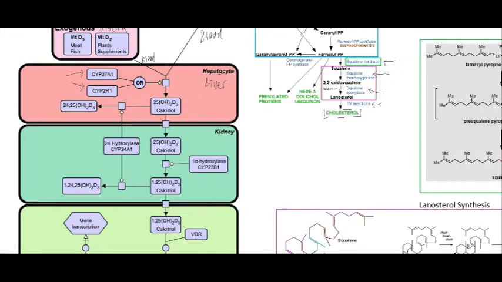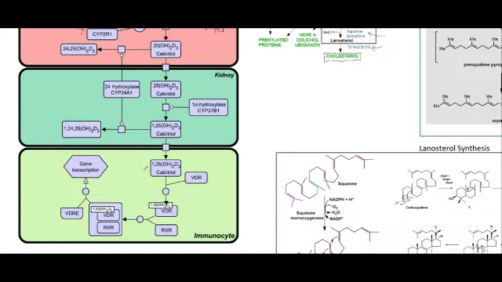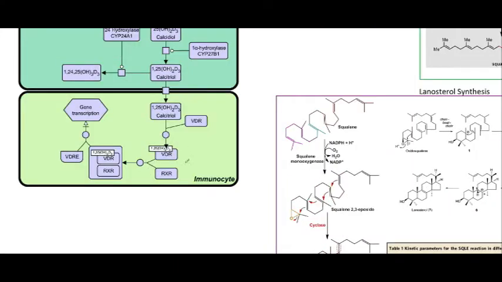So we transported our 25-OH-D3. And then these other reactions can occur to generate things like 1,25-OH-D3. So these are just adding hydroxyl groups onto this vitamin D3. And so then that can also be moved here into immune cells.